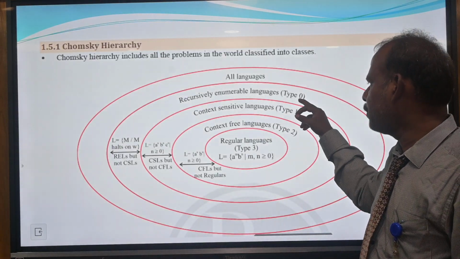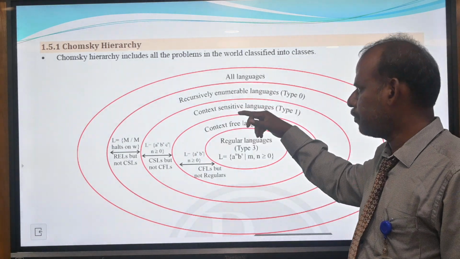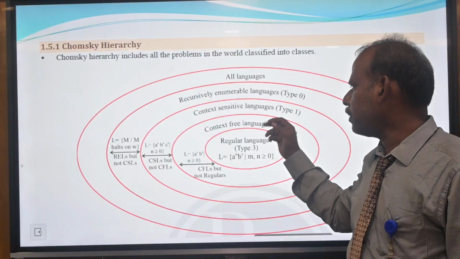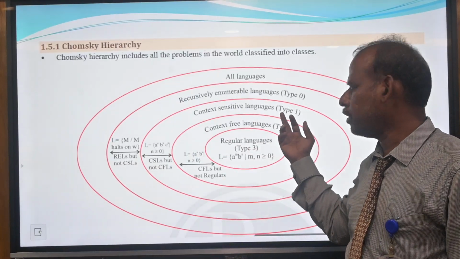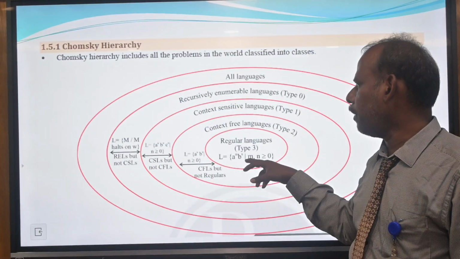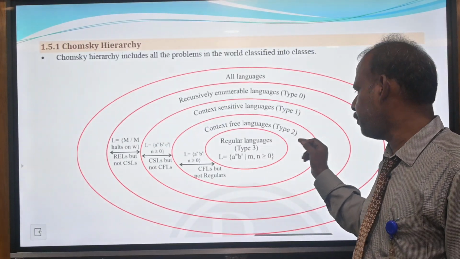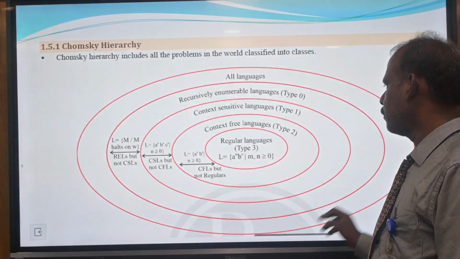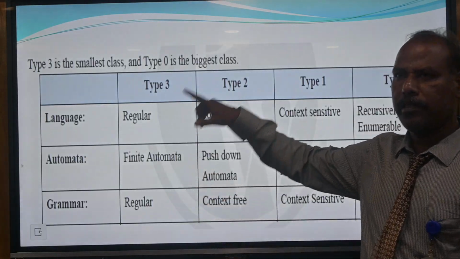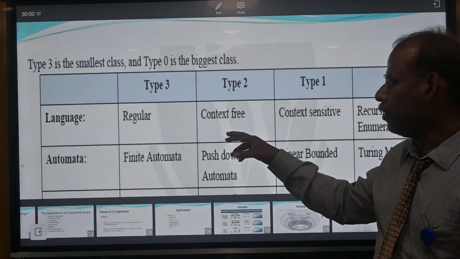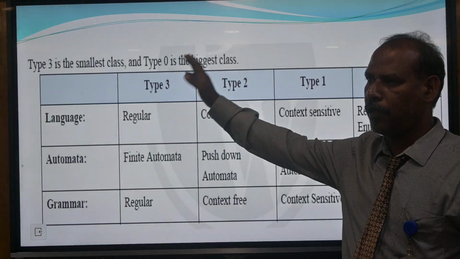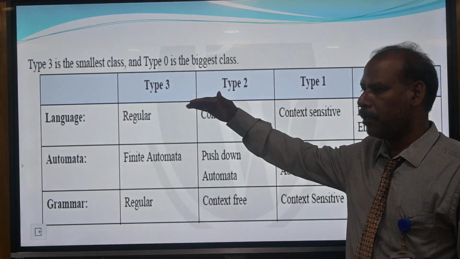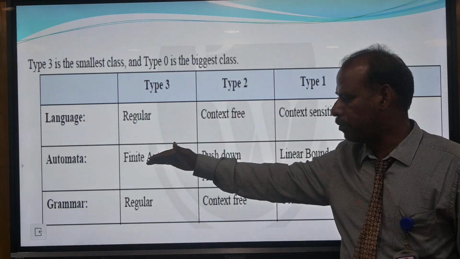Type 0 is the recursively enumerable languages. Another is the context sensitive languages, type 1, which are a subset of type 0. Then the context free languages, type 2, and the regular languages, type 3. In this table, type 3 is the smallest class and type 0 is the biggest class. Row wise we compare language, automata and grammar.